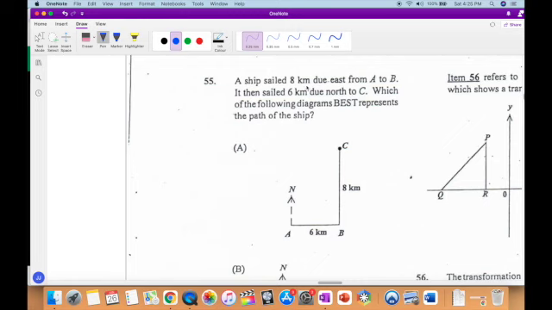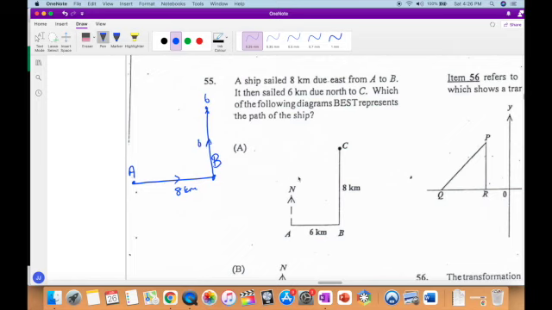A ship sailed 8 kilometers due east from A to B. So if this is A and it is going from A to B due east, east is in this direction, and it sailed 8 kilometers here, and then it sailed 6 kilometers due north to C. So 6, and C is over here.